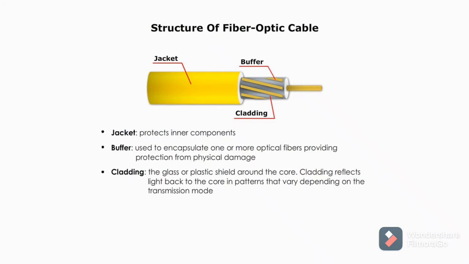Because the cladding does not absorb any light, like a mirror, the light can travel great distances. Besides, the light reflection from the cladding allows fiber to bend around corners without affecting the transmission signal. The center core of fiber cable is made of glass fiber. Light or LED travels through the core.